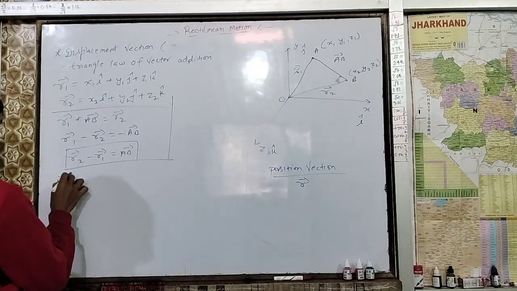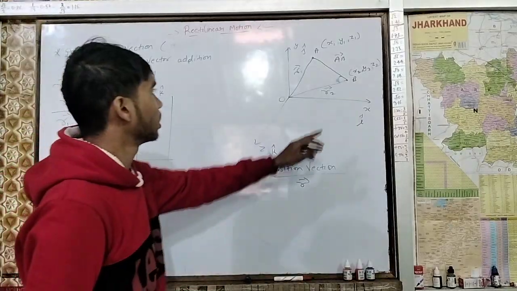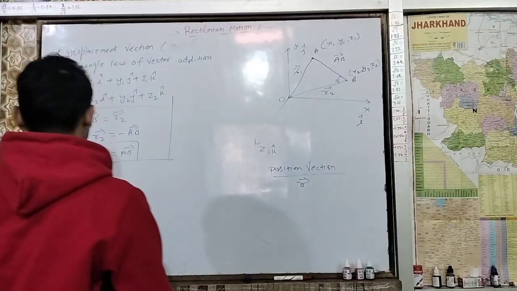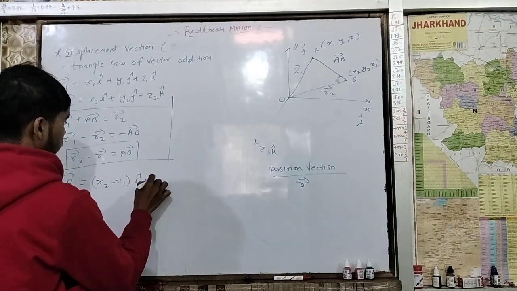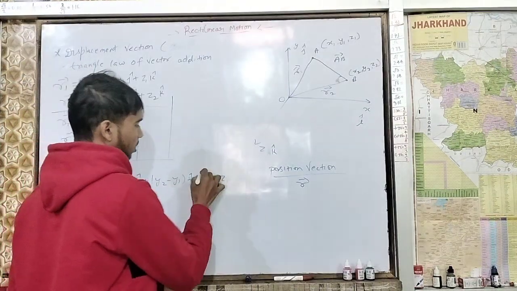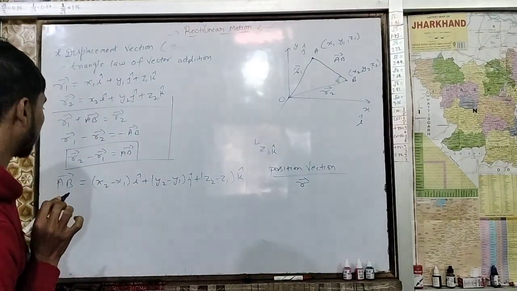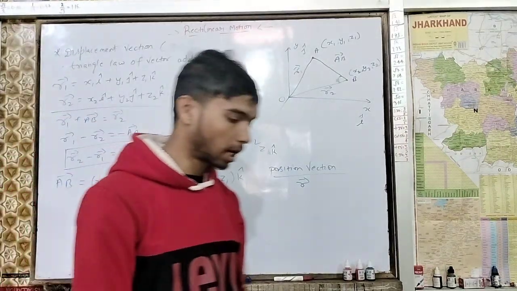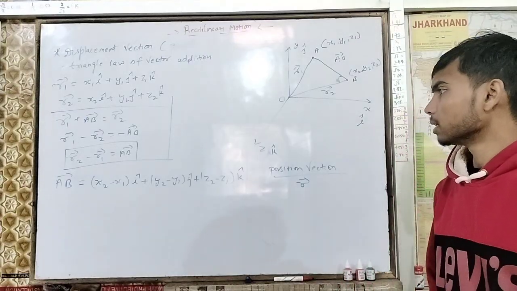So finally, in terms of vectors, we can write AB as (x2 minus x1) i cap plus (y2 minus y1) j cap plus (z2 minus z1) k cap. We wrote this in the language of a vector, where i cap, j cap, k cap represent that this is a vector.